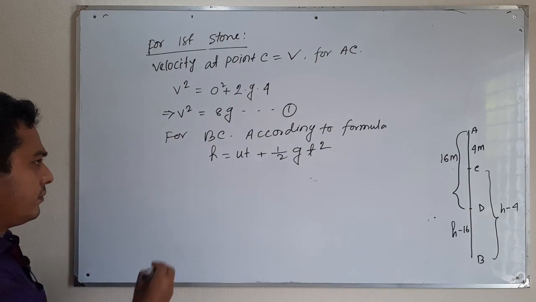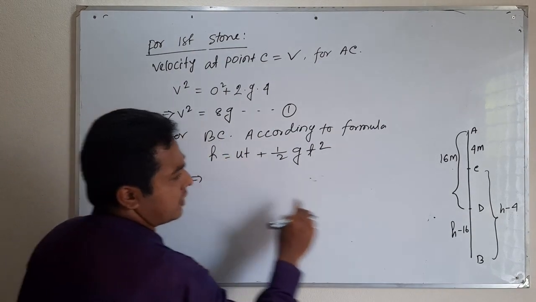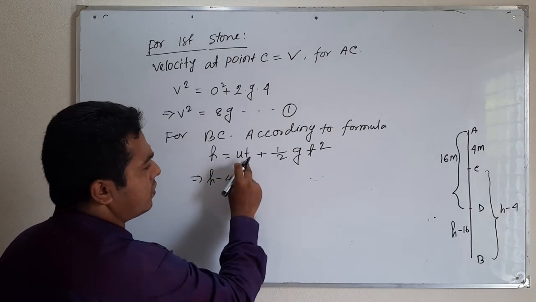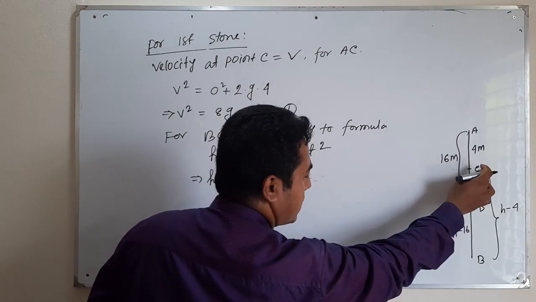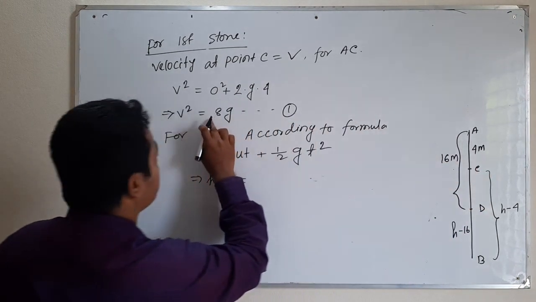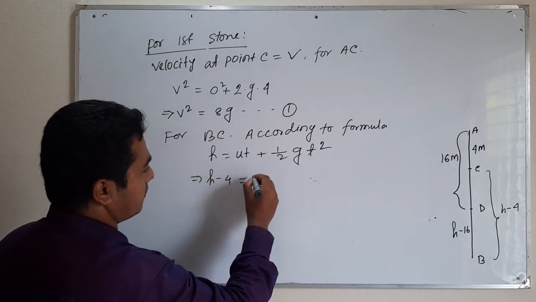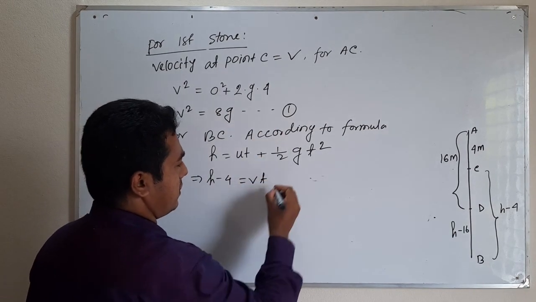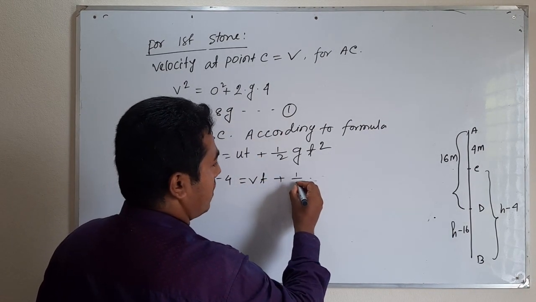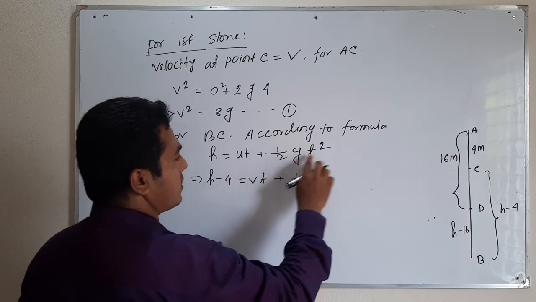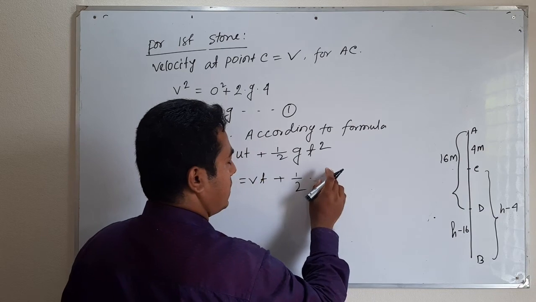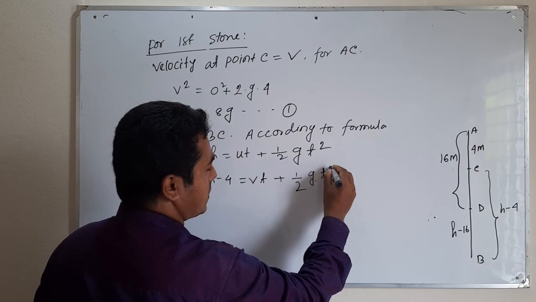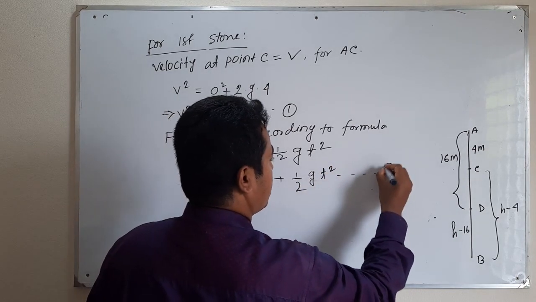Here the distance for BC is H minus 4, so H minus 4 is equal to VT plus half of GT square, where the time for BC is T. This is our equation number 2.